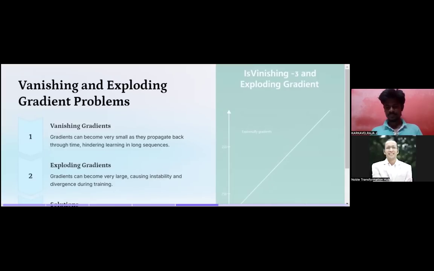So, the vanishing and exploding gradient problem. Vanishing gradients can become very small as they propagate back through time, and so they struggle to learn long sequences.